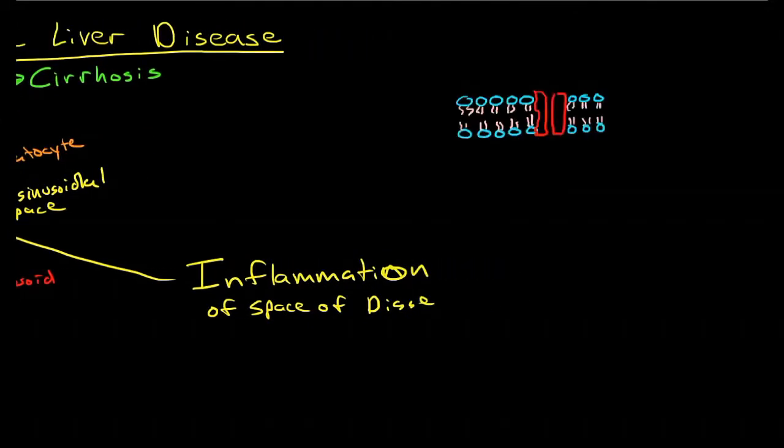The first way that alcohol leads to inflammation of the space of Disse is that alcohol, and I'm using the abbreviation ETOH, which is an abbreviation for ethyl alcohol, is actually a solvent to lipids, and in particular a solvent to the phospholipid membrane.